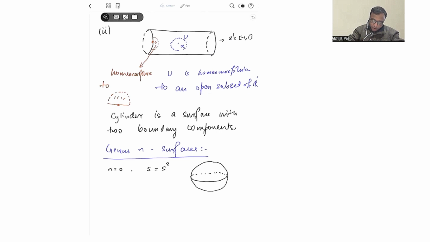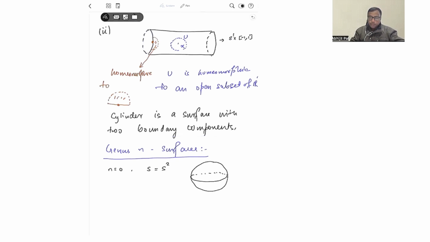And now if I take any point in this thing, so let us take S1 cross minus 1, meaning this circle, and if I take any point here, there exists an open neighborhood of that point. This is homeomorphic to a semidisk. Therefore the cylinder is a surface with two boundary components.